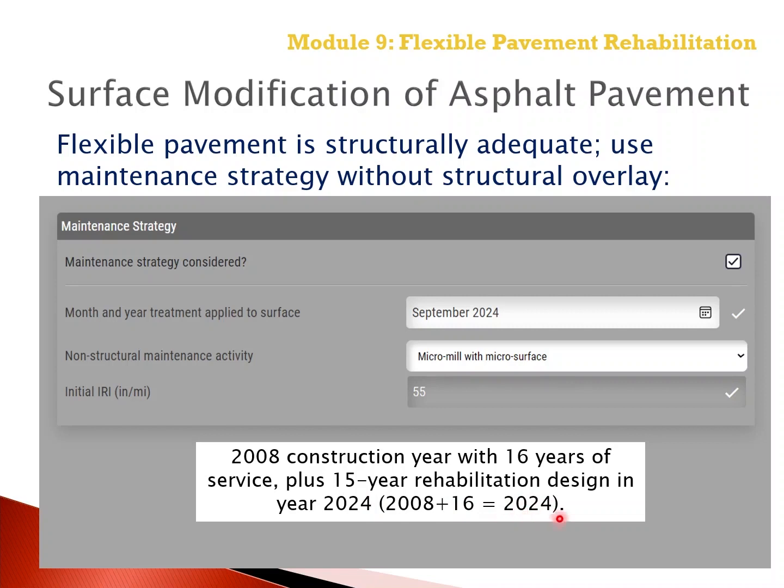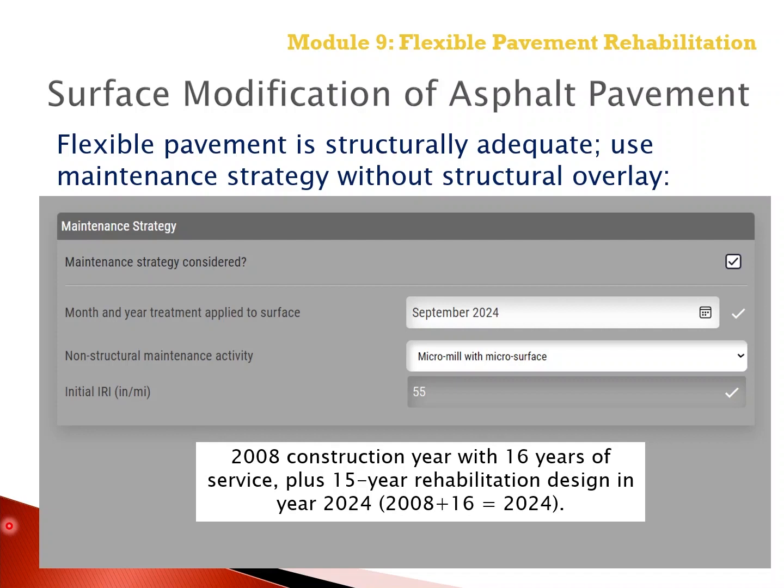So this is somewhat similar to restoration of concrete slabs, where we're dating back to the original construction of the flexible pavement because the pavement is structurally adequate. And then we're going to look at placing surface modification, non-structural rehabilitation activities, with the exception of maybe some localized pre-overlay repairs if needed.